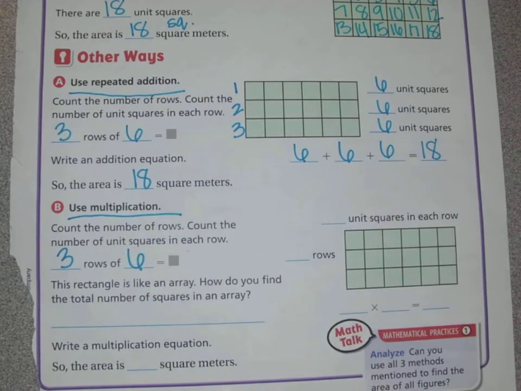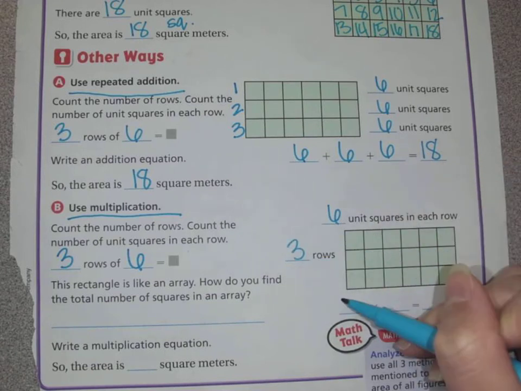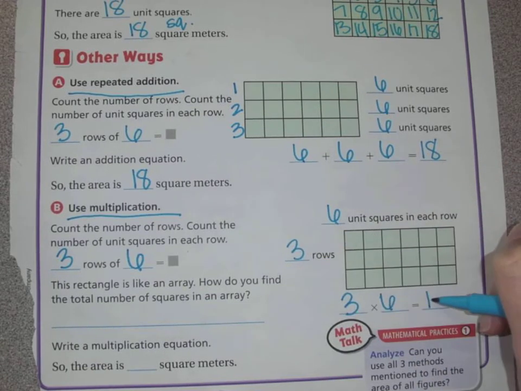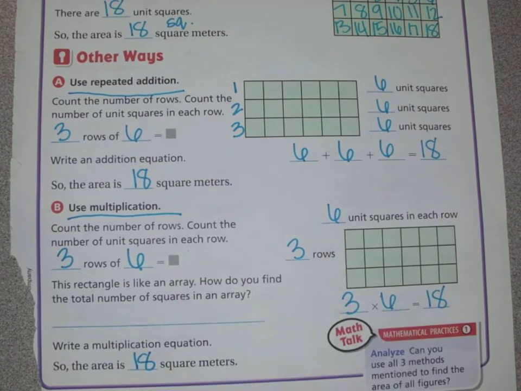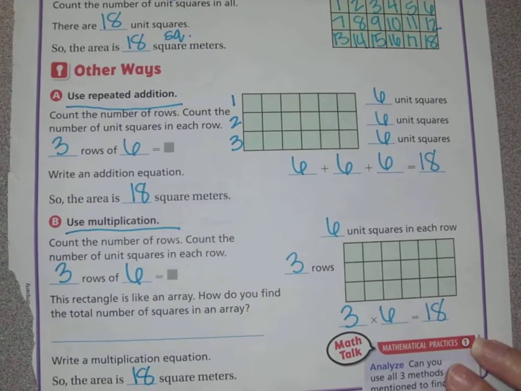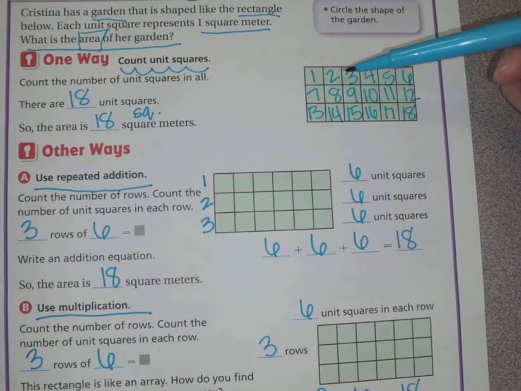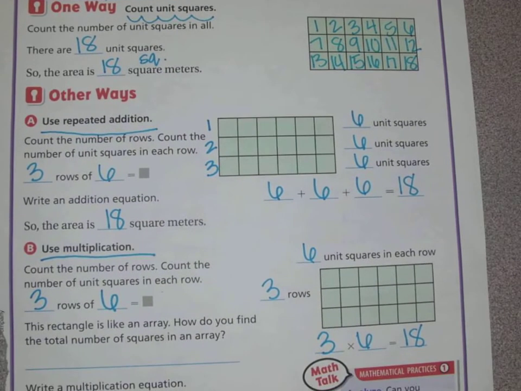And we know if there are 6 unit squares in each row and there are 3 rows, that represents 3 times 6 equals 18. So the area, again, is 18 square meters. So again, boys and girls, to find area, you can count by ones, count the unit squares. You can use repeated addition, or you can multiply.